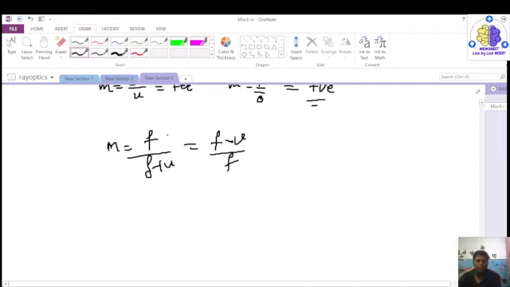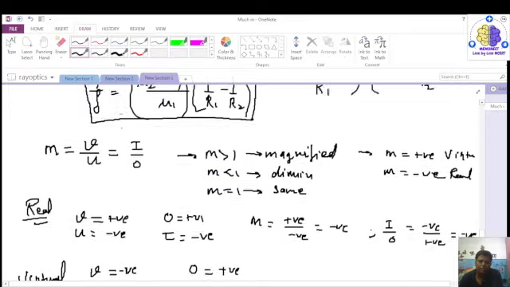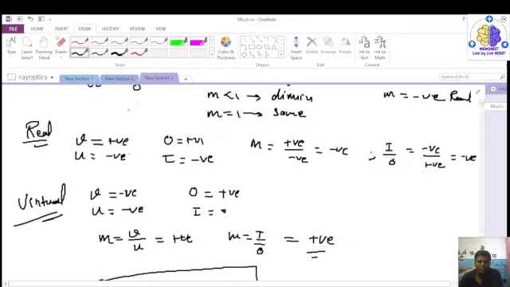These are also the two formulae which you can use for your numericals. Again, putting the sign convention is important, right? So this is your magnification, linear magnification, lens maker's formula, lens formula.